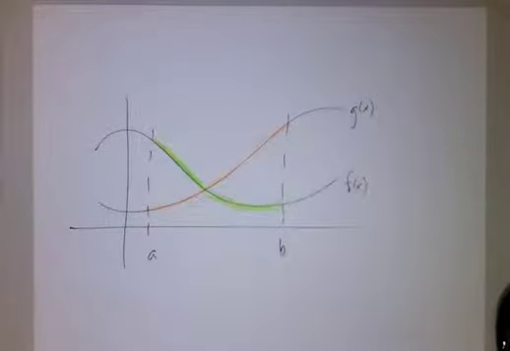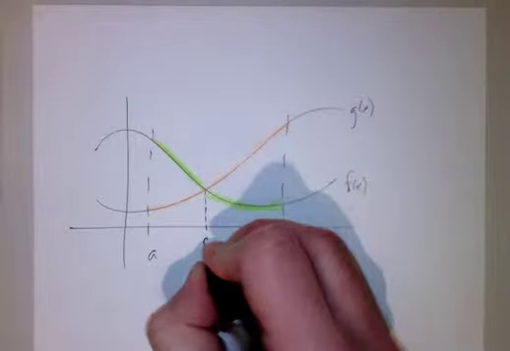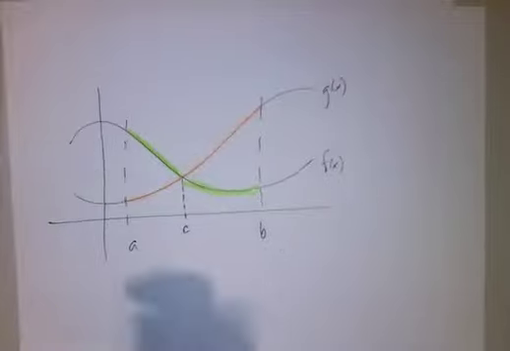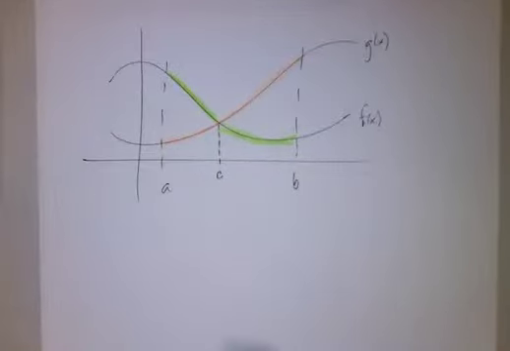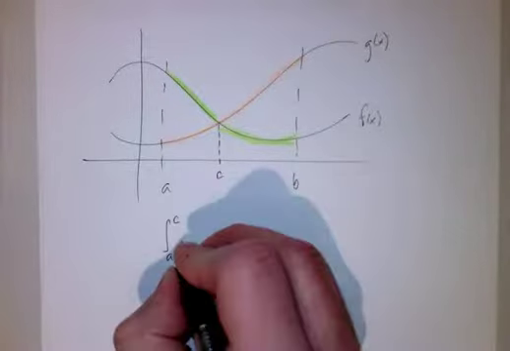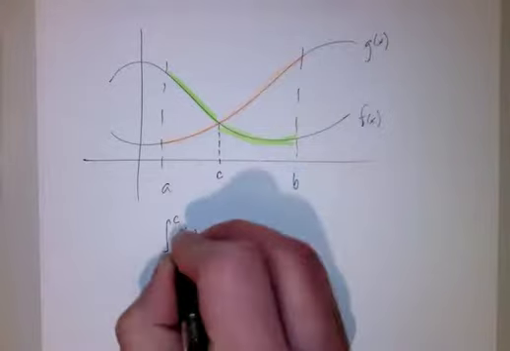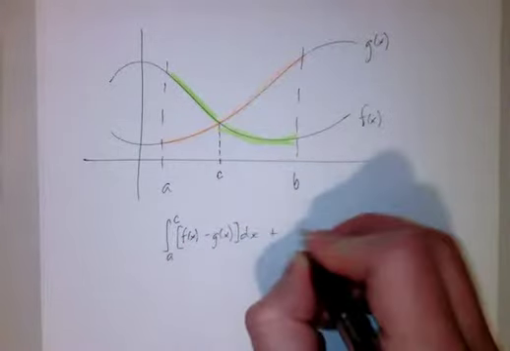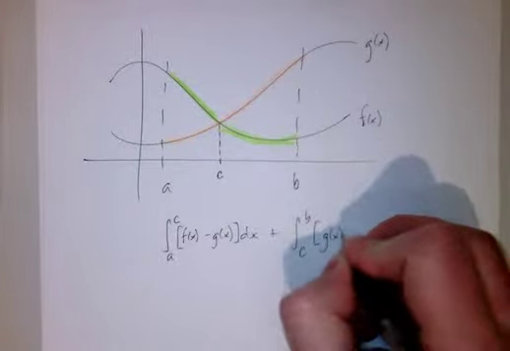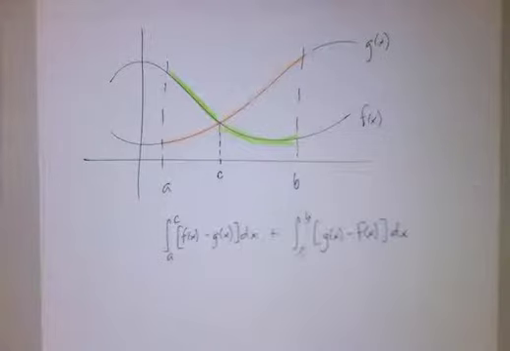So I would basically have to figure out where the intersection is, and then I would have to set up two integrals. One from a to c, where f minus g represents the height. And then one from c to b, where g of x is on top, and therefore g of x minus f of x represents the height.